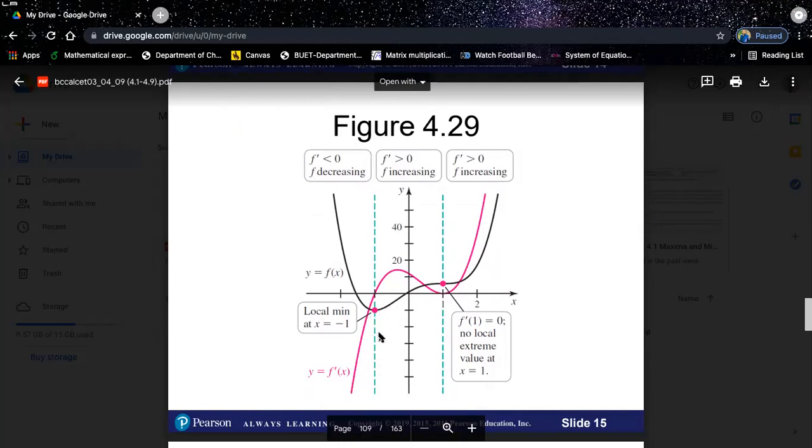So precisely we can say that it's an absolute minimum at -1. And at +1, you can see there is no extremum here. It doesn't really give us any minimum or maximum value at 1. You can see it from the graph.